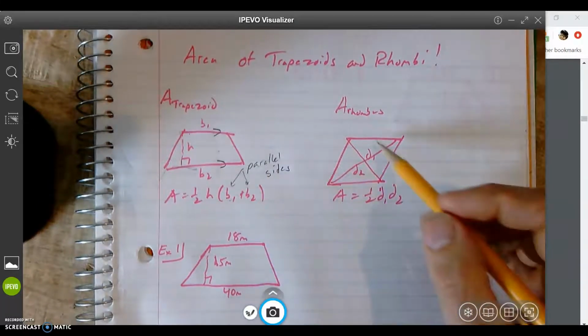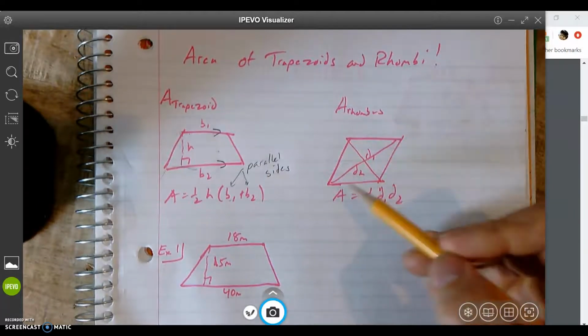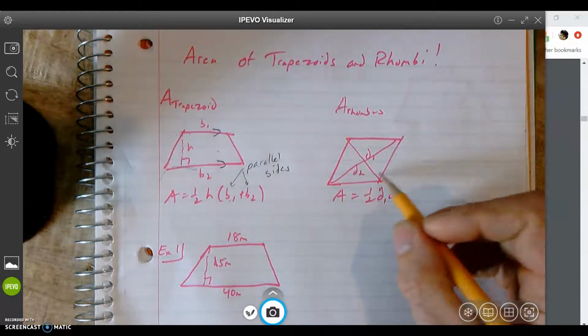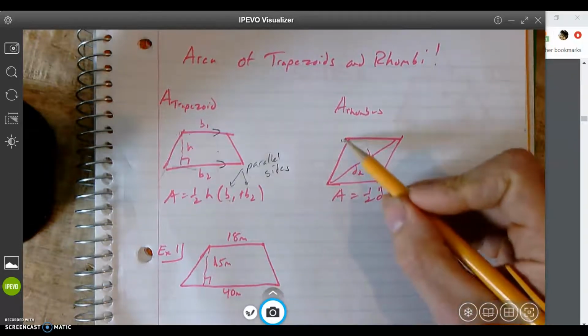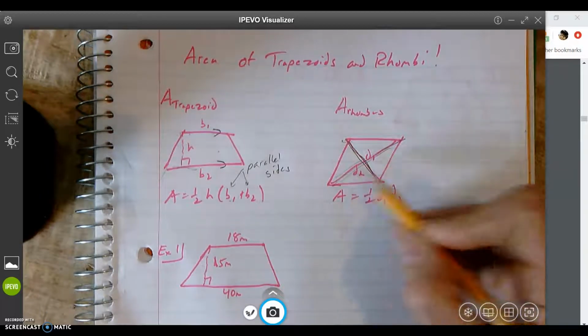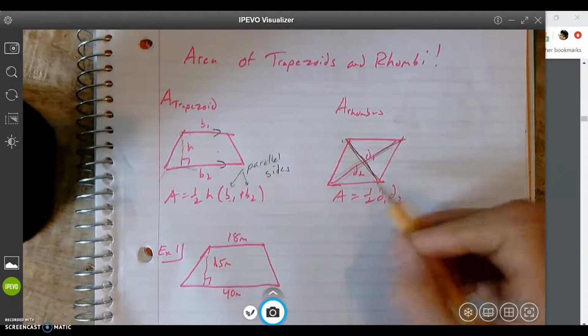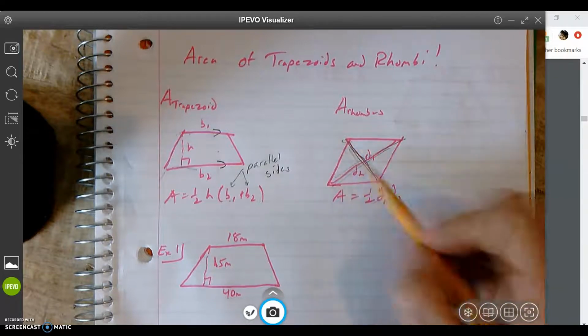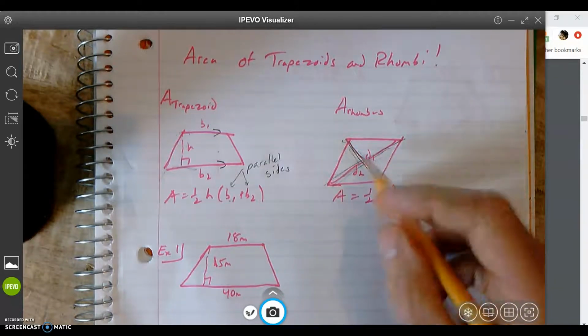Also, you know the area of a rhombus. Rhombi is multiple rhombuses. And so this is a diagonal here, and this is a diagonal. So you multiply the two diagonal lengths together, whatever this length and this length, and then you cut it in half.